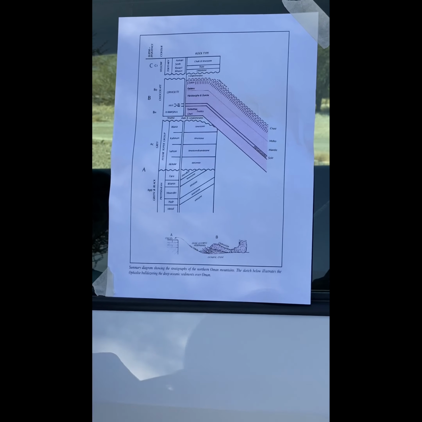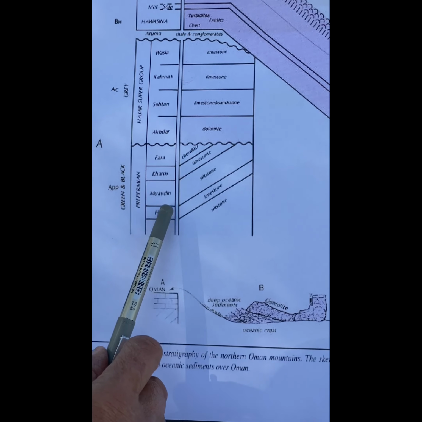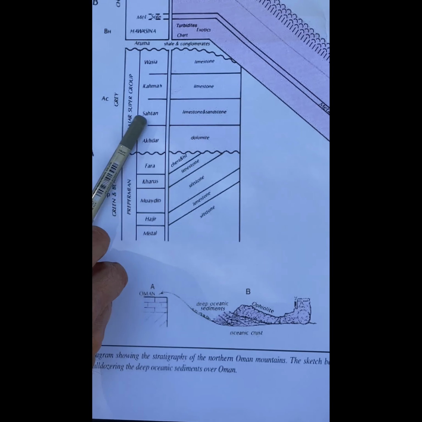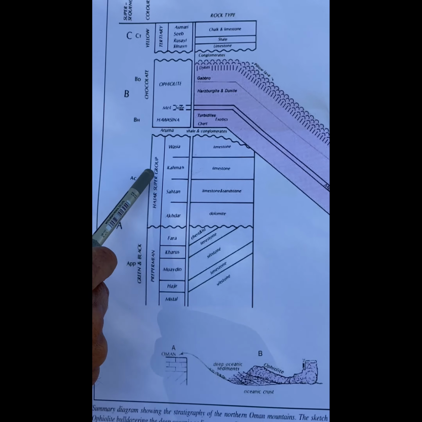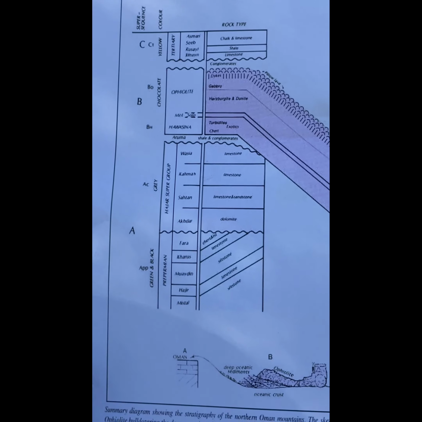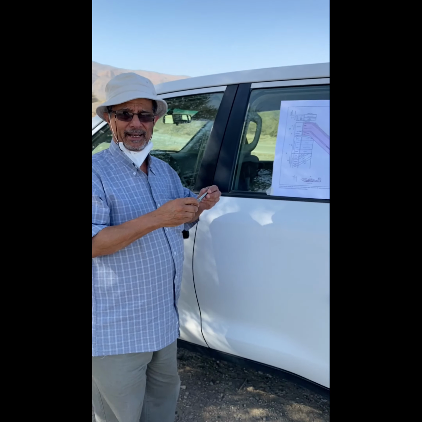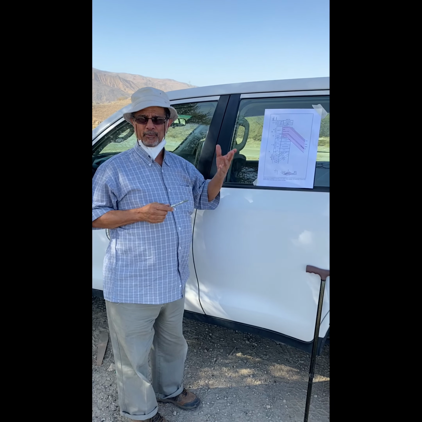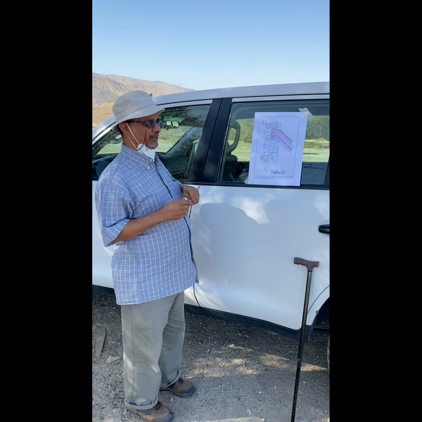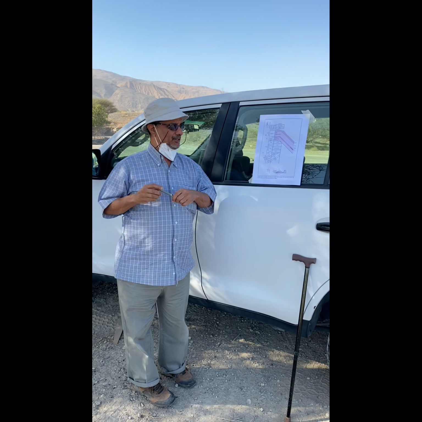As you can see here, after the formation of these pre-Permian rocks, they have been tilted and then eroded, and then other rocks were deposited on top of this to form the Hajar supergroup. The Hajar supergroup is the shelf, and we'll explain later on how they formed. We call it the shelf carbonate rocks, and probably we'll see some of these rocks here from a distance.